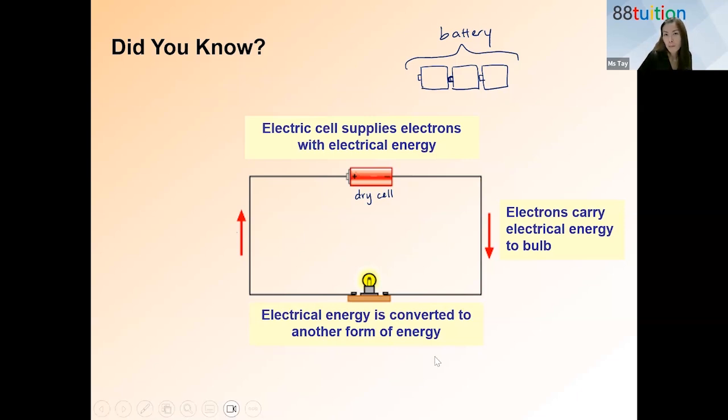When the electrical energy flows through it, it's being converted to one main form, which is light energy. There is also another form of energy it is converted to. What do you think that is? Yes, Anaki, heat energy. That's correct. Good.